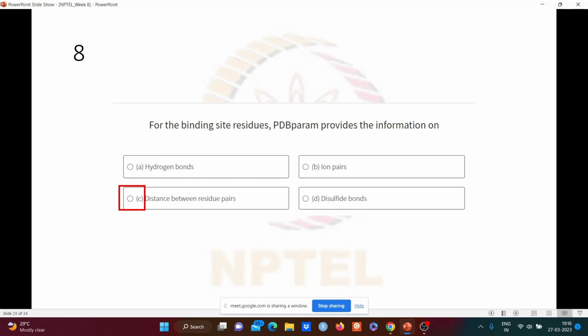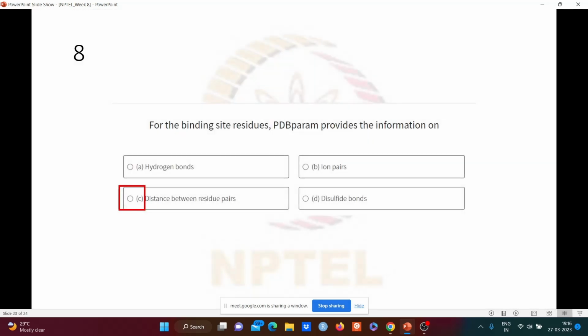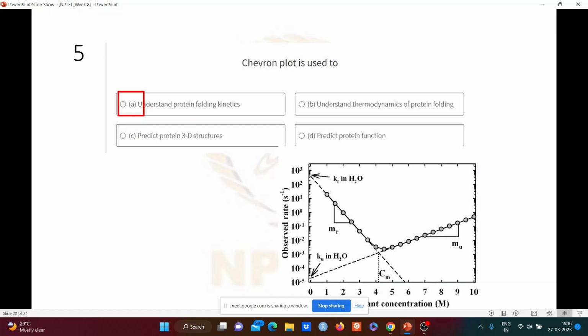Okay, so this chevron plot is a plot between unfolding kinetics and folding kinetics, where the intersection point is the transition concentration, like the equilibrium concentration.